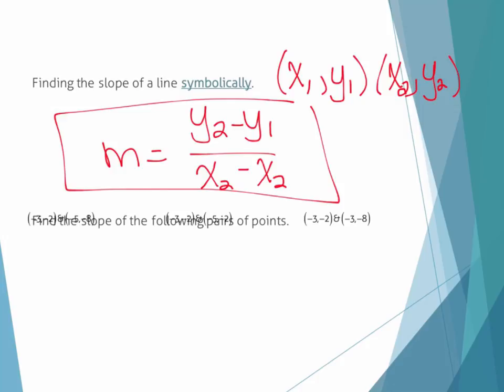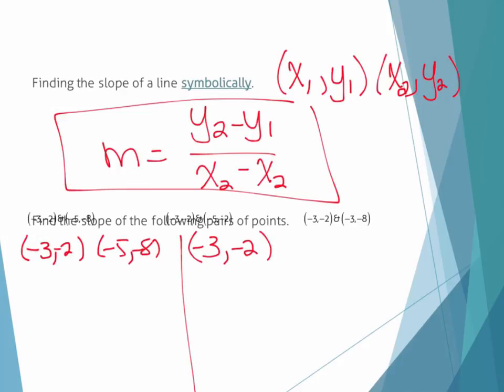This got a little messed up, so I'm just going to rewrite the points. -3, 2 and -5, -8; -3, -2 and -5, -2; and then the last one, -3, -2 and -3, -8.